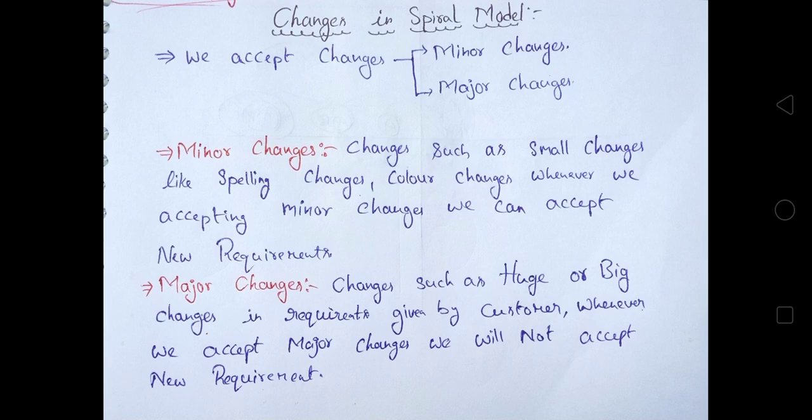For example, if you want to change 50% of the requirements of the previous module, it is a big change and it will affect another module, so we can't accept new requirements. Why can't we accept new requirements with major changes? Because if the customer wants 50% changes done in the previous module, we can't accept new requirements. First you have to make that change, then we accept the new requirement.